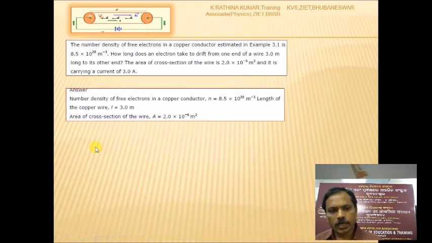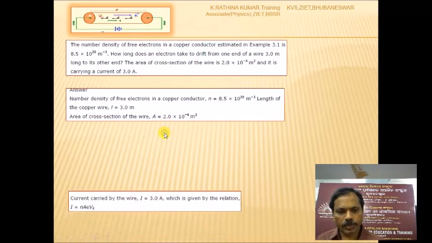Let's see the answer. The number density of free electrons in the copper conductor, n, is equal to 8.5 into 10 power 28 meter power minus 3, as given. The length of the copper wire is 3 meter, and the area of cross section of the wire is 2.0 into 10 power minus 6 meter square.